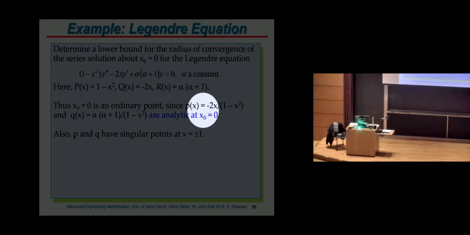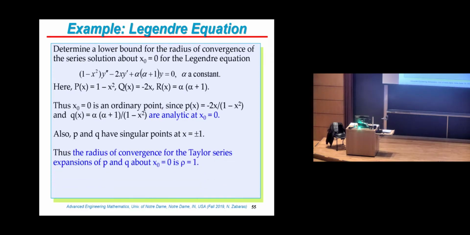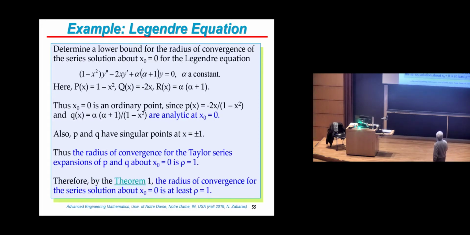Looking at the distance between this and that, what is the distance? Say it again. 1. All right. So the radius of convergence for this is equal to 1.